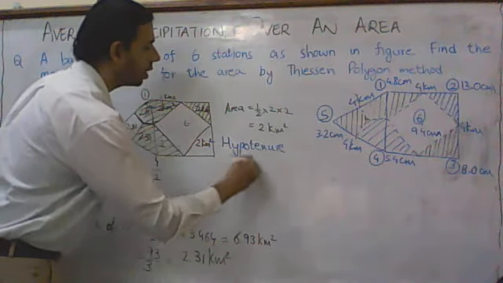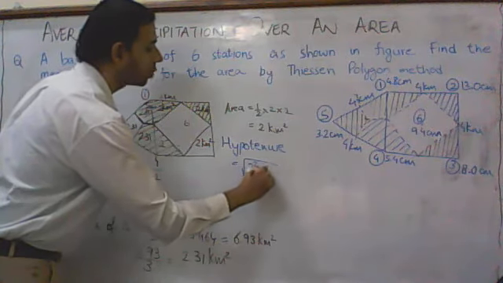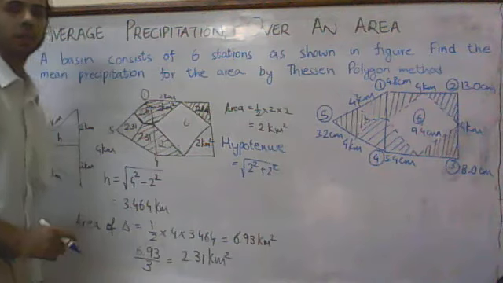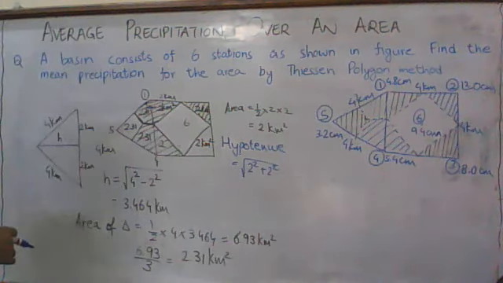The hypotenuse will be equal to under root of 2 square plus 2 square.